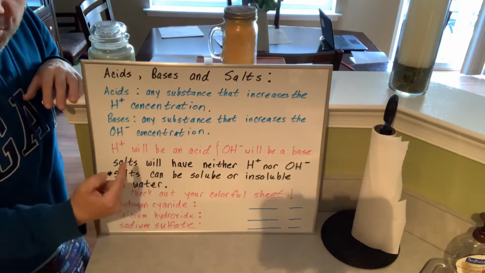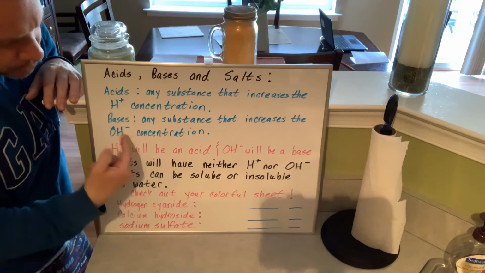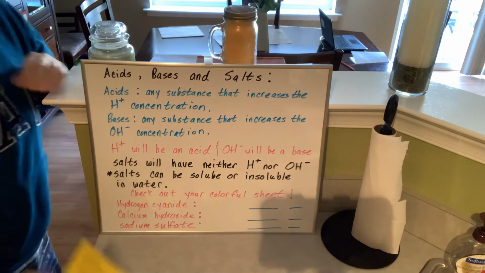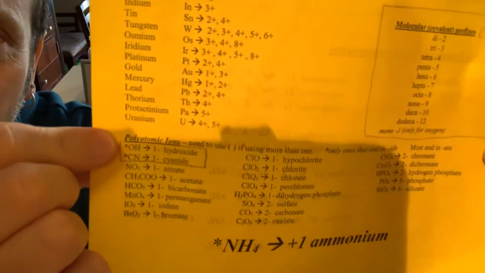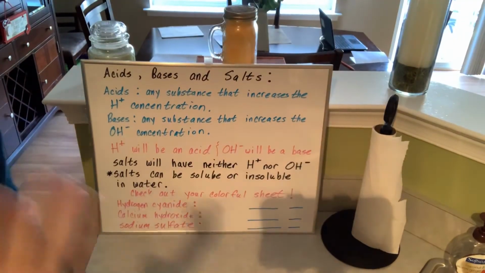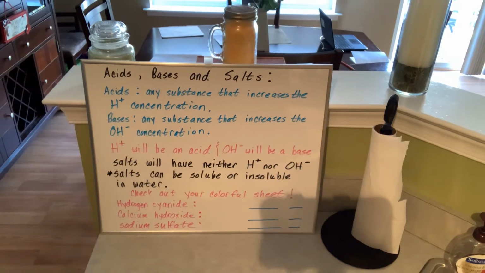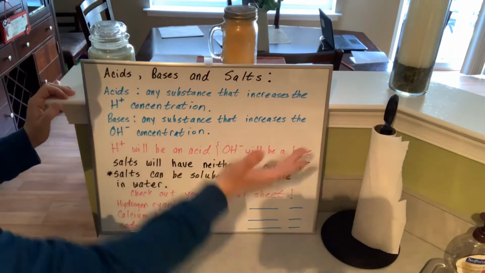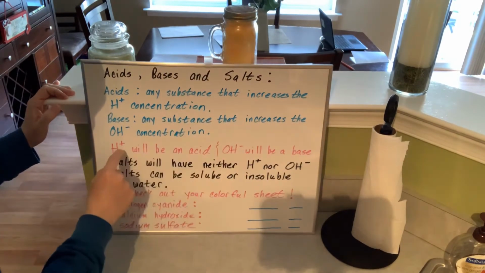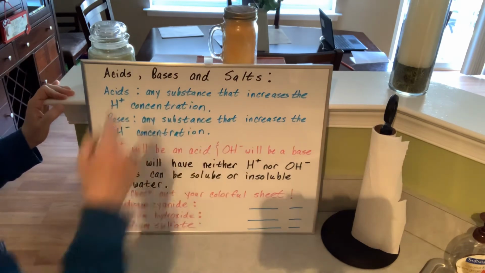Now, if the substance produces OH minus, or this ion here on your colorful sheet, the hydroxide, that substance will be a base. So here's the summary. H plus is going to be an acid, OH minus is going to be a base.